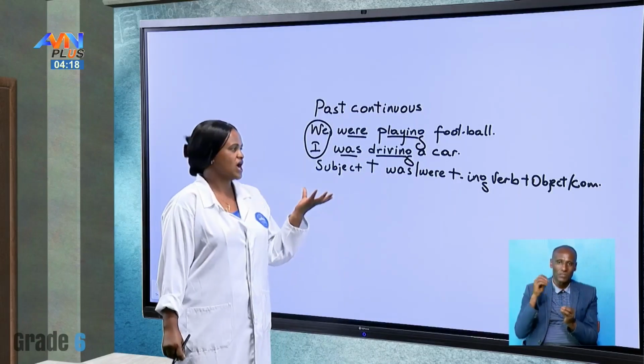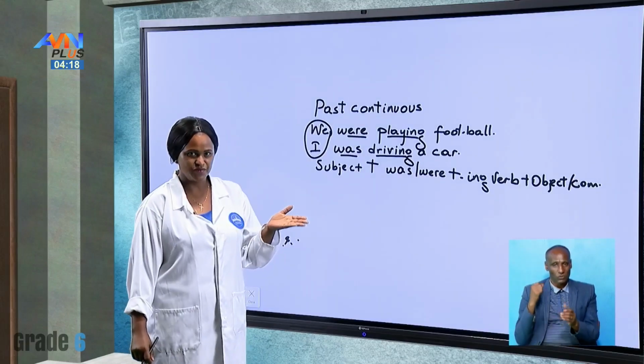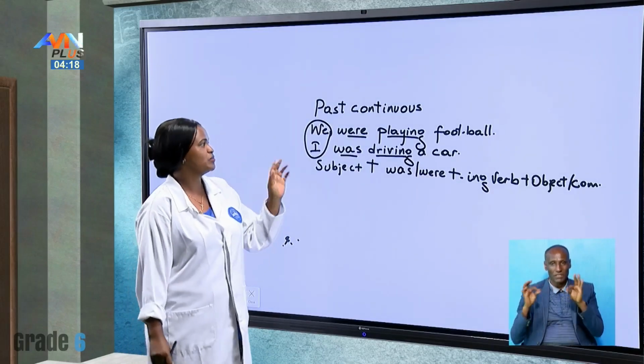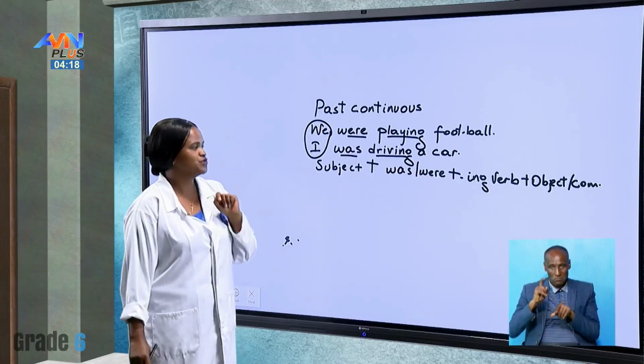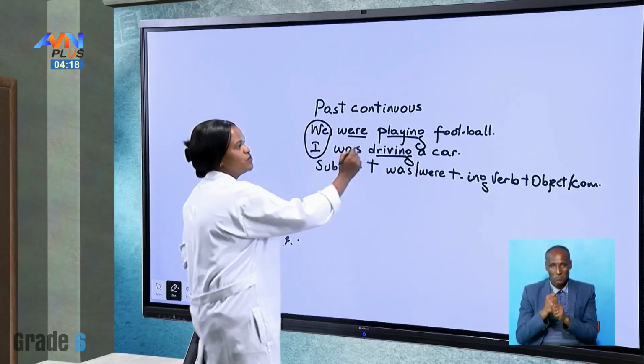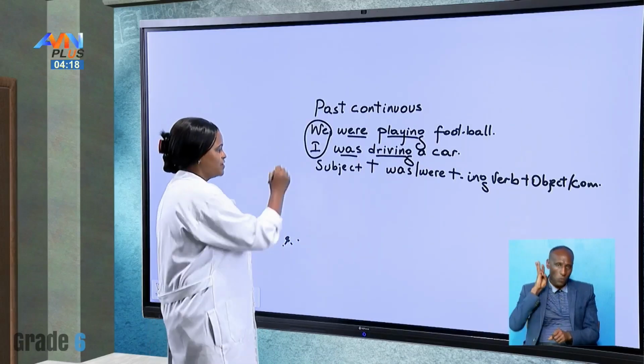And we also have seen how to make a positive sentence negative. For example, can we make these sentences negative? Let's do it. We were playing football. How can we make it negative? Good.